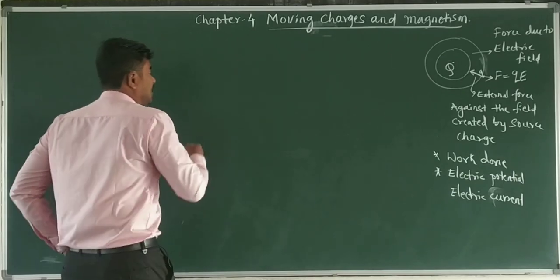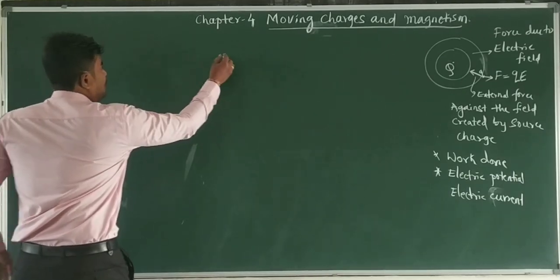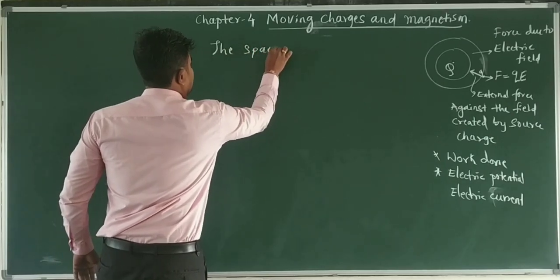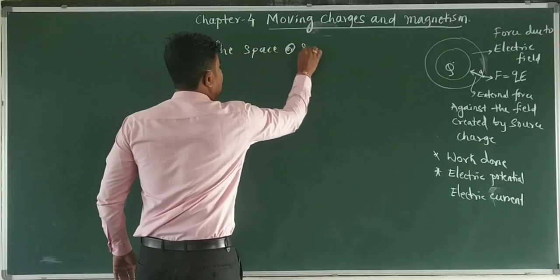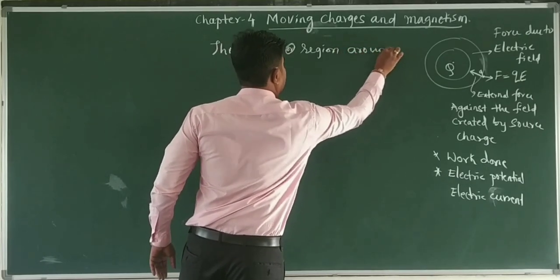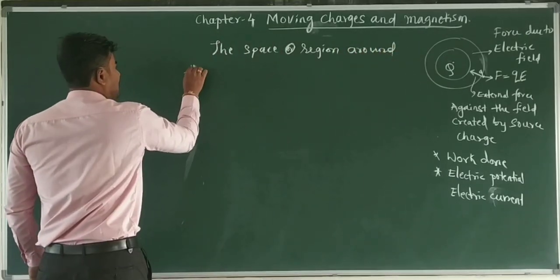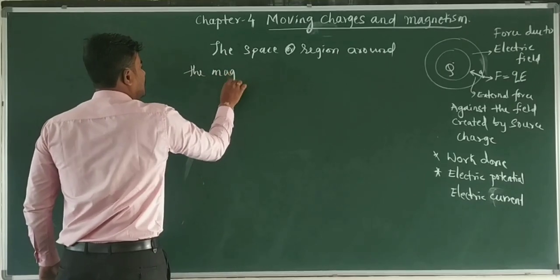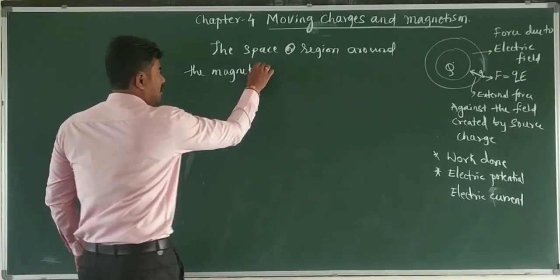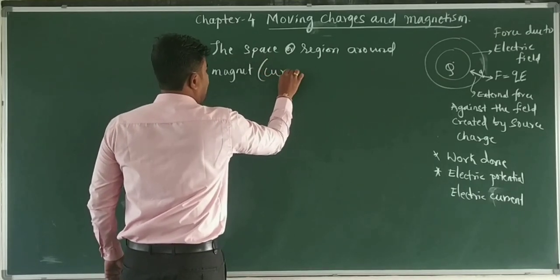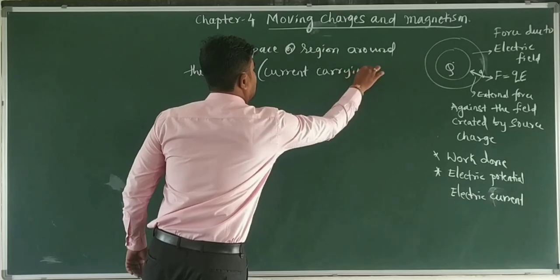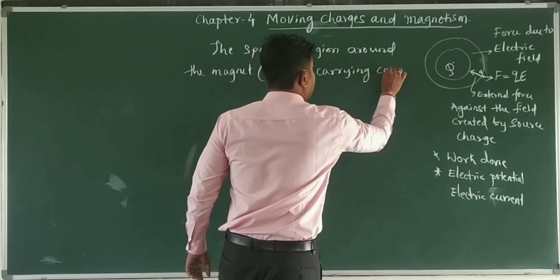See here. The space or region around the magnet. In this chapter, our magnet is going to be a current carrying conductor.